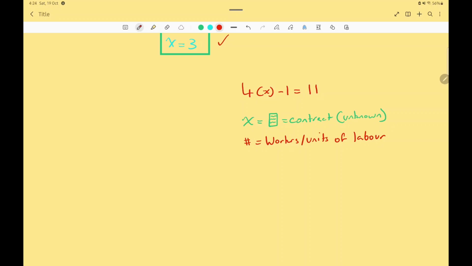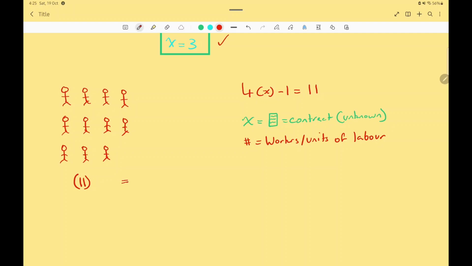So to start, I would start with a total of 11. I would look at what that represents. I'm going to draw 11 units of labor. So I'll draw above or below 11.